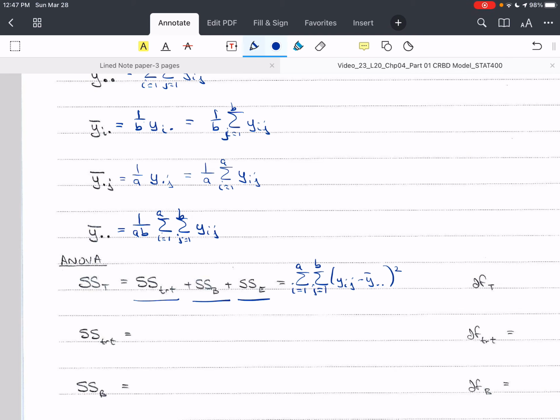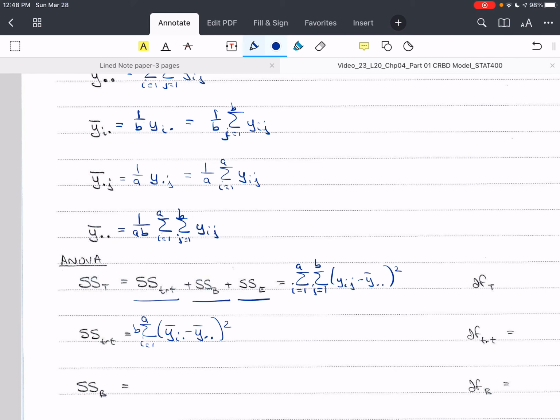And so SSTRT is going to be b times the sum of i equals 1 to a of y i dot bar minus y dot dot bar squared. So this is the sum of the differences of the treatment means from the overall mean, just like in the one-way ANOVA, where we had y i bar minus y dot bar, right?